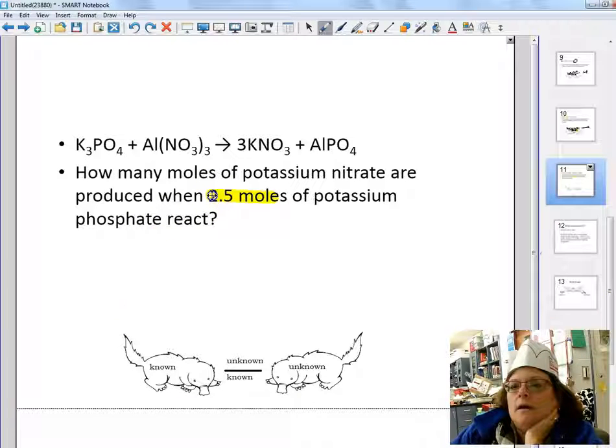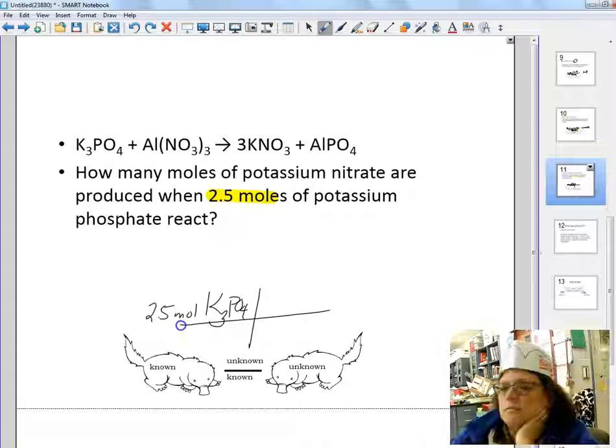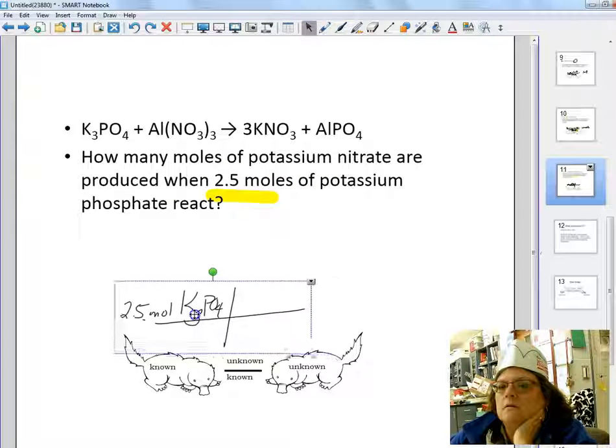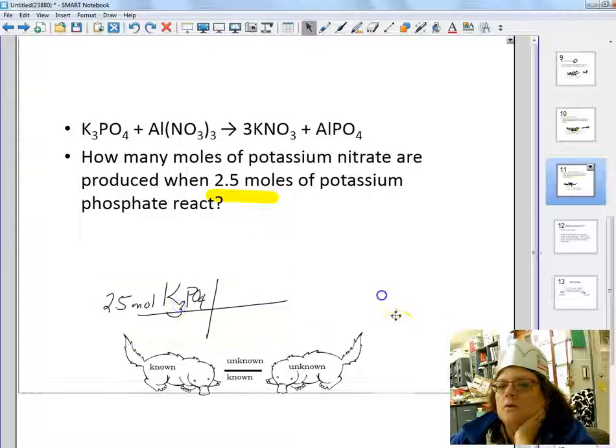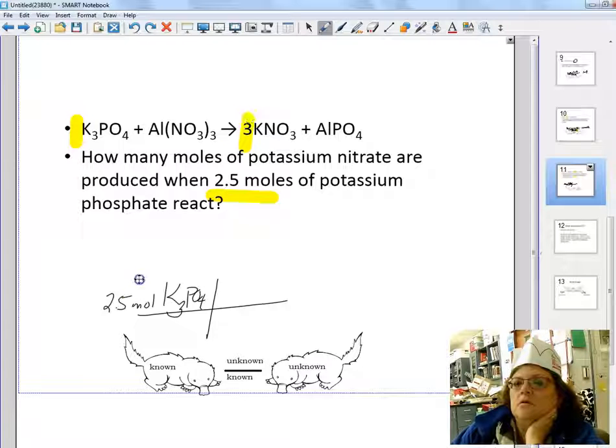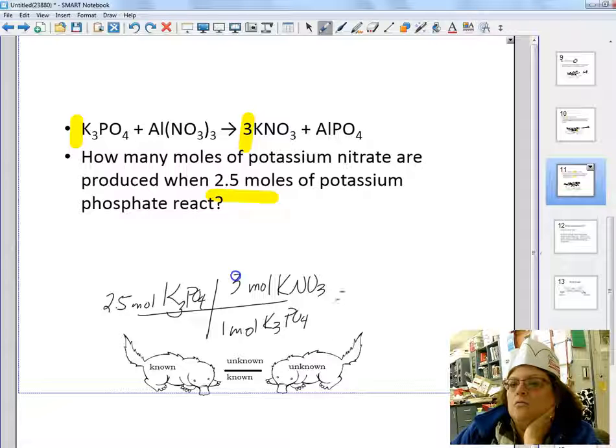I know that I have 2.5 moles of potassium phosphate. What's my ratio? I'm just going to move this whole thing over because I'm magic and I can. What is my ratio of potassium phosphate to potassium nitrate? 1 mole of K3PO4 reacts with 3 moles of KNO3.